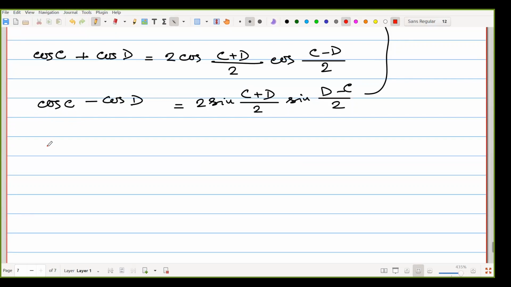Suppose we have to find sine 53 degree plus sine 21 degree.